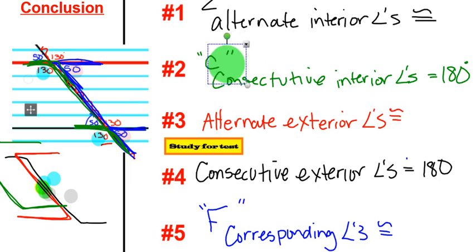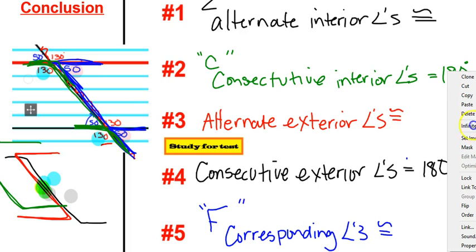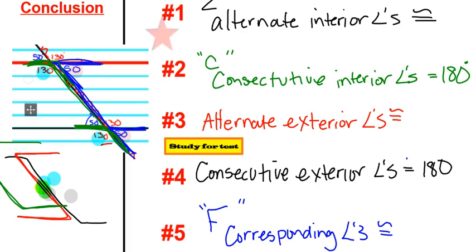The ones that are probably the most important would be the alternate interiors, the consecutive interiors, and the corresponding angles. Those are the ones that we use the most often in all of the homework that we do, but it is important to use all of these because everything that you know always makes everything easier.